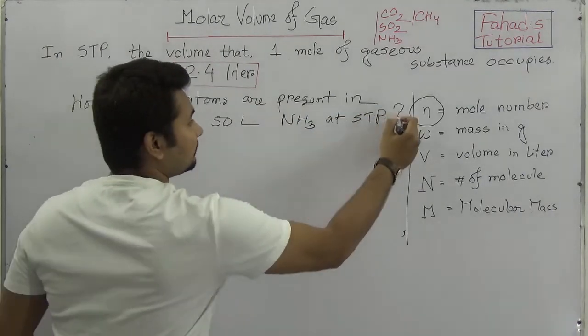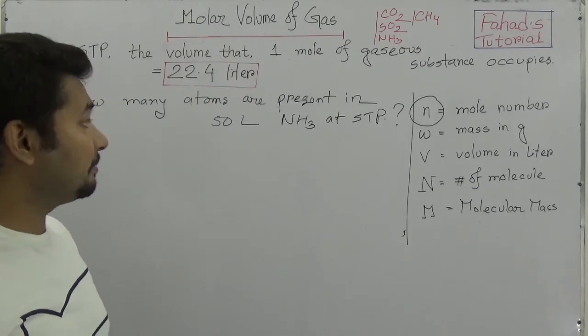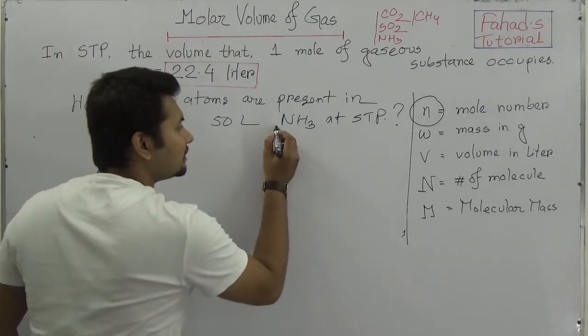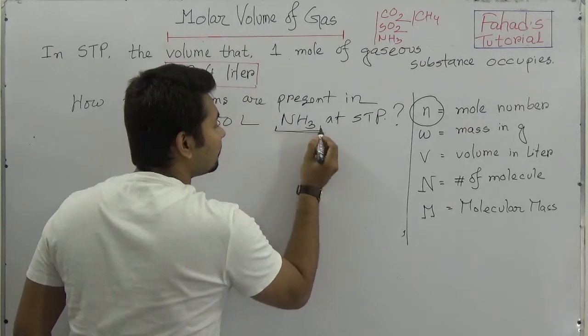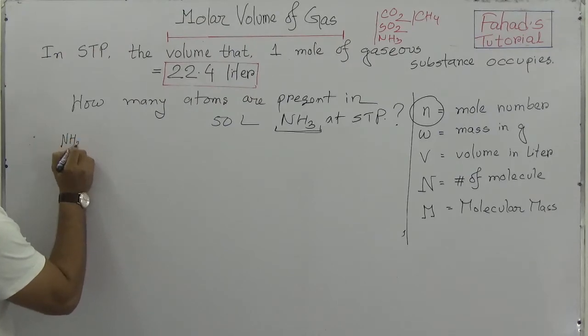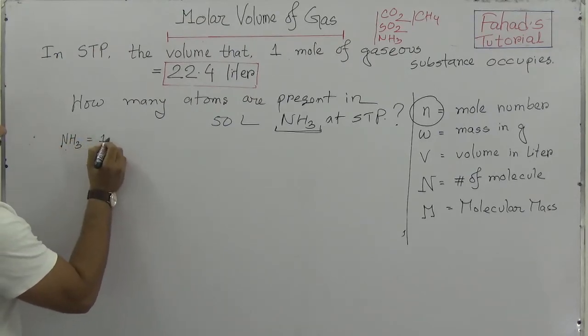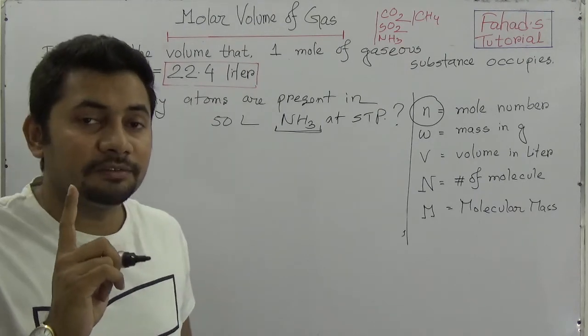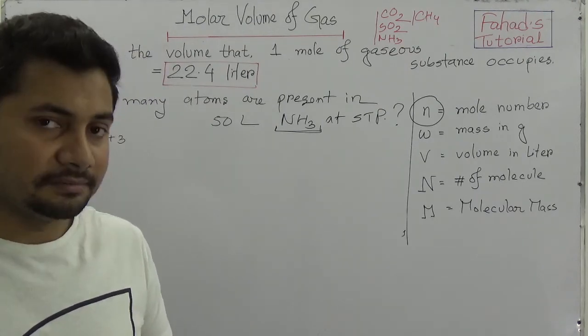Now something interesting comes up. Now you think, in 1 molecule of ammonia, there are 1 nitrogen and 3 hydrogen. That means in 1 molecule of ammonia there are 4 atoms.